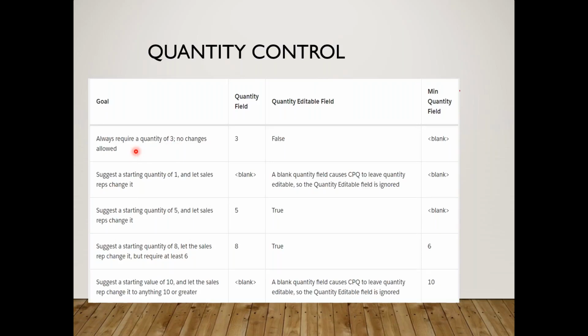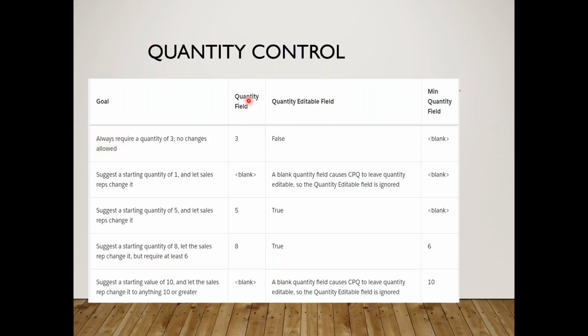So you got one product, you configured that, you created a bundle for that, you created an option for that, and now your sales rep is saying, as a sales rep, I should always set the quantity of 3, and I am not allowed to change that quantity from 3 to something else. It's always 3. That is static. It will never change. That is my goal. What will you do? Just think on that side.